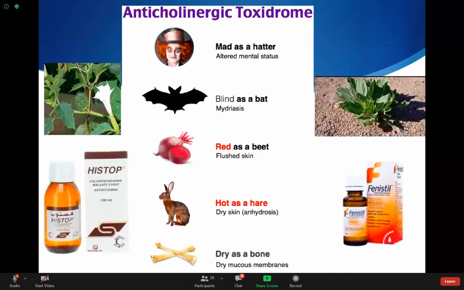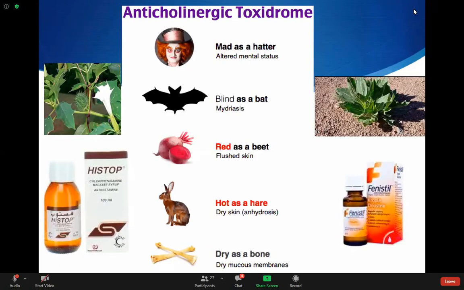So we'll start with the anticholinergic toxidrome. This is actually quite common everywhere because so many medications, especially the antihistamines, cause an anticholinergic toxidrome. How does the patient present? It's what you see in front of you.